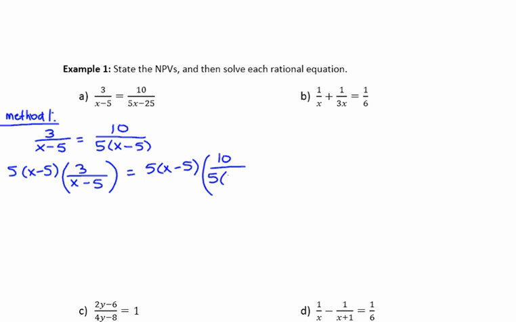We could have simplified this, but that's okay. We multiply everybody by 5 times x minus 5.